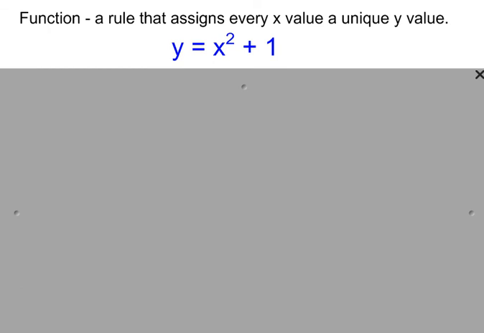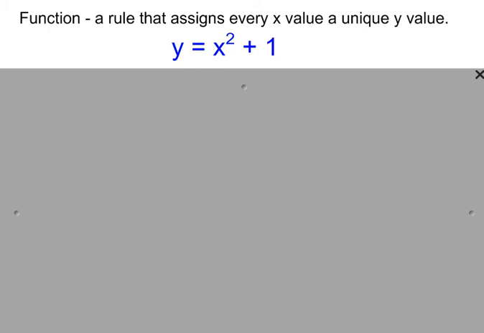Now, the book's definition is a rule that assigns every x value a unique y value. Now, this may sound confusing, but the example below hopefully will explain this. Whatever value I pick for x, I'm only going to get one possible answer for y.